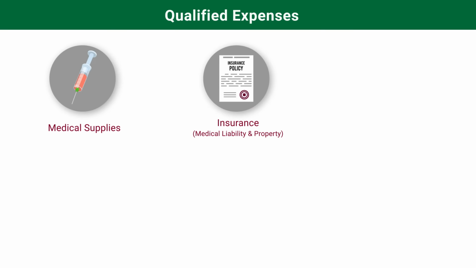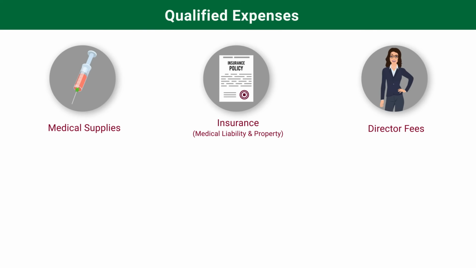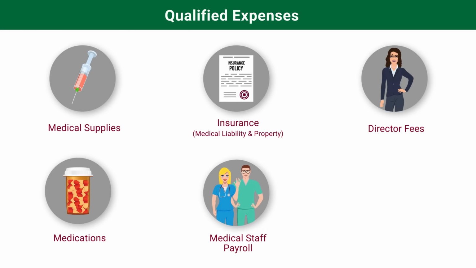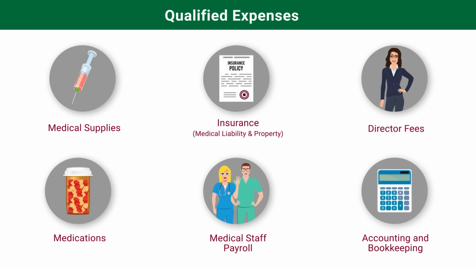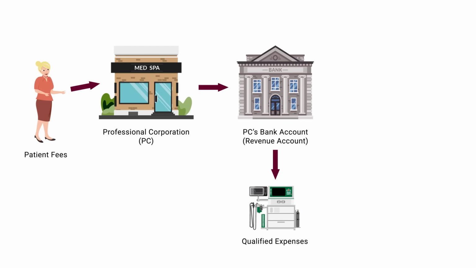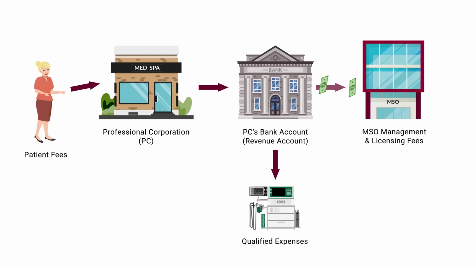Qualified expenses often include medical supplies such as syringes, needles, etc., insurance such as medical liability and property insurance for the med spa, medical director supervision fees, any on-site medications that are used to see patients, payroll for licensed workers such as nurse injectors, and accounting and bookkeeping costs. Additionally, the PC's revenue account is used to pay the MSO's management and licensing fees each month.